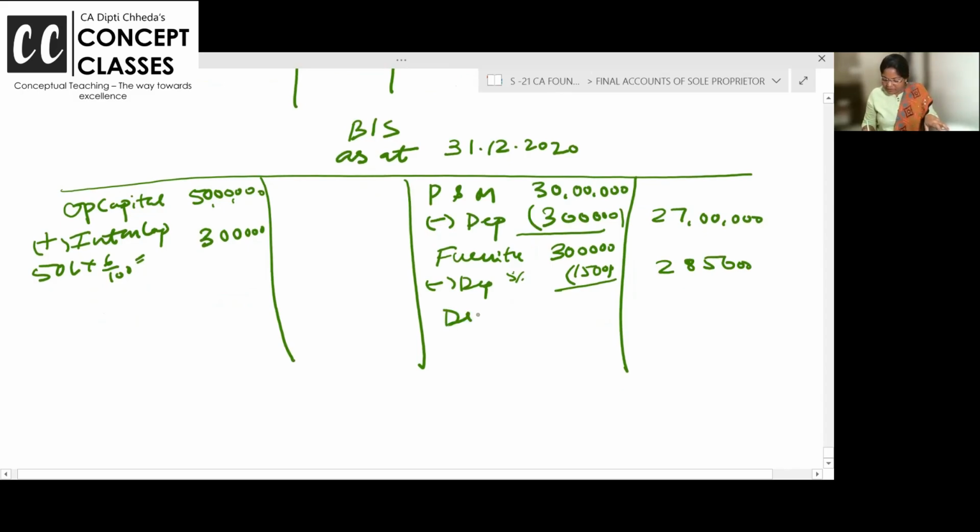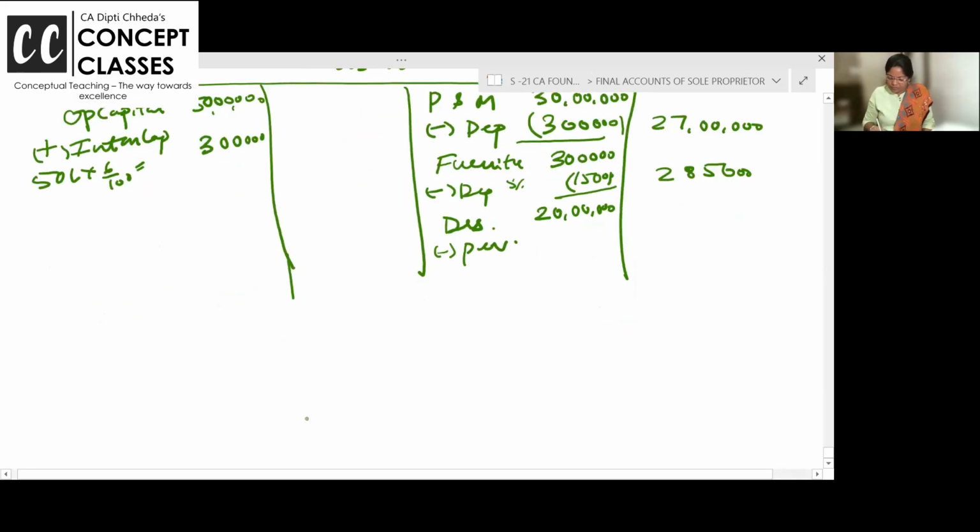So, सबसे पहले तो debtors. Don't take opening debtors. Take debtors which are given down. Trade receivables is given 20 lakhs. Minus you do the provision.